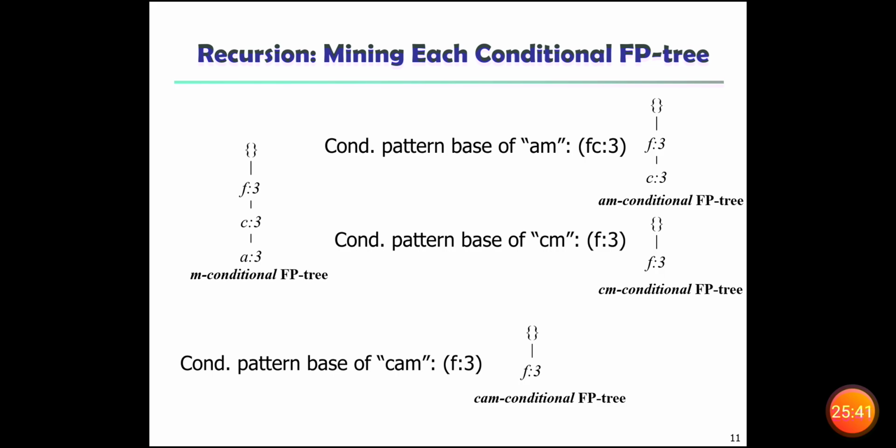You can refer to the previous one, the main tree. There you can take A node and M node. Other than A node and M node, what all the nodes are connected in the same tree? If you check it out, you can understand it is F3, C3 and root node. So with respect to AM, it is in a conditional tree.